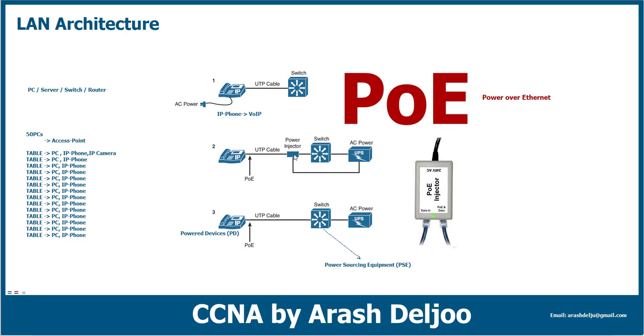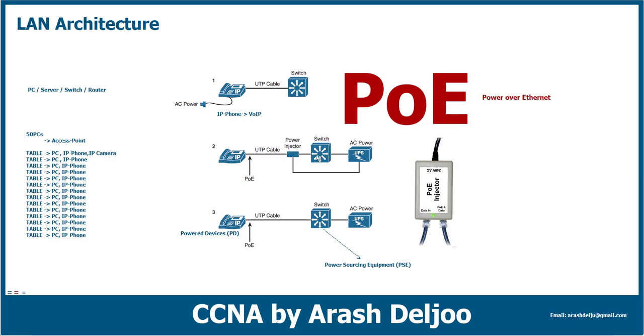This PoE injector can connect to, for example, one power outlet or UPS, uninterruptible power supply. And instead of connecting the IP phone, the IP camera, the access point directly to the switch, you can connect these devices to the power injector, for example, here. And after that, the next interface of the power injector can be connected to the switch.